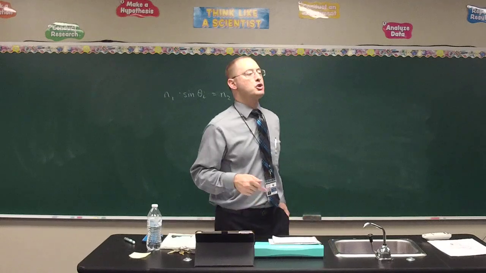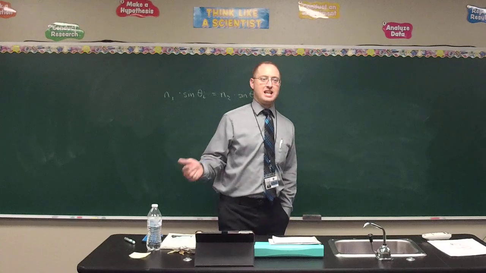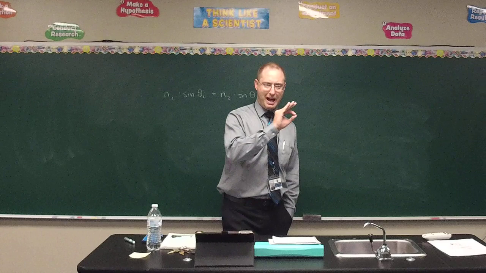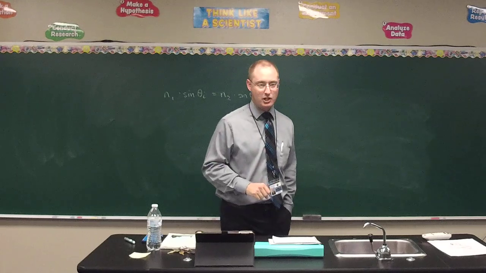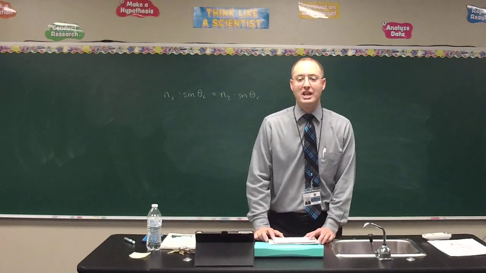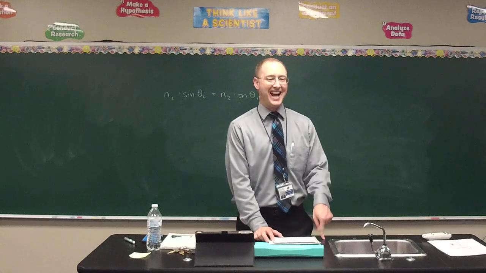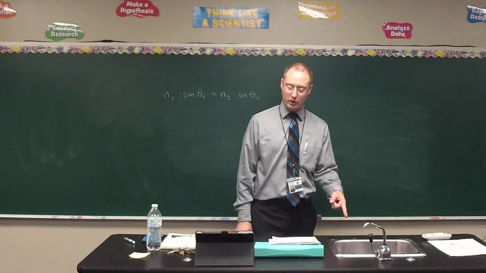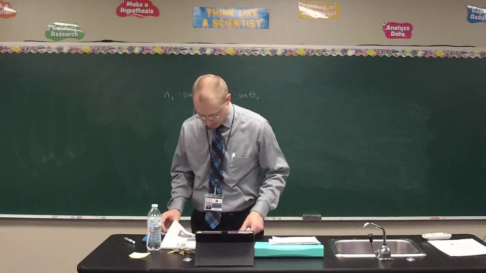Now, for there to be total internal reflection, the incident angle has to be greater than that magic perfect angle that produces 90-degree refraction. What is the incident angle needed to produce 90-degree refraction? That's the critical angle. Anything bigger than the critical angle produces total internal reflection.